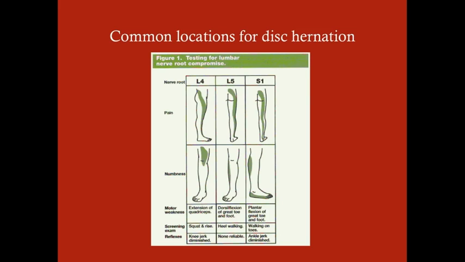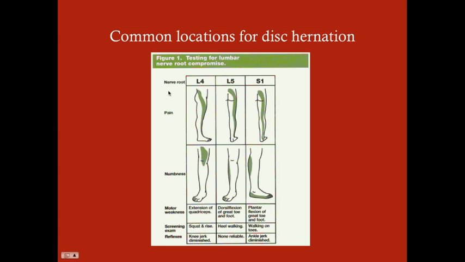So the L4, L5, the L5, S1, and the S1, S2, which were all answer choices in this question. This isn't mine, but this is a great figure to remember because L4, L5, and S1, being the most common locations, are going to be the most likely to come up on any test or in real life, for that matter, when you have a patient with a herniated disc.